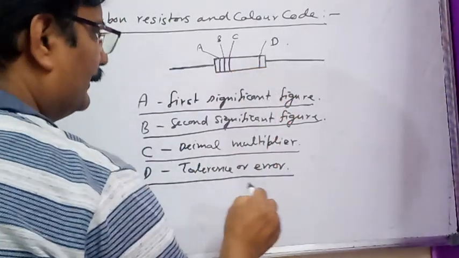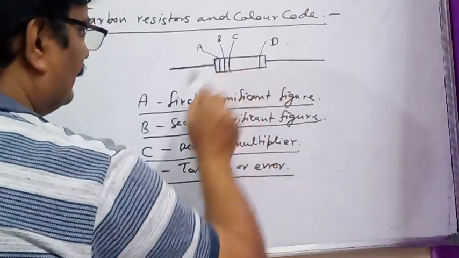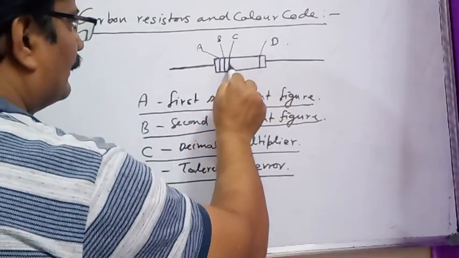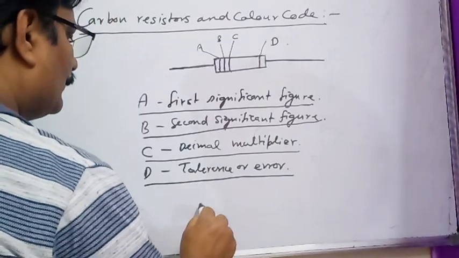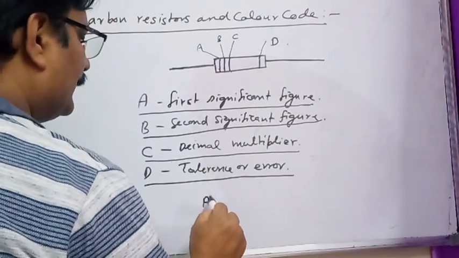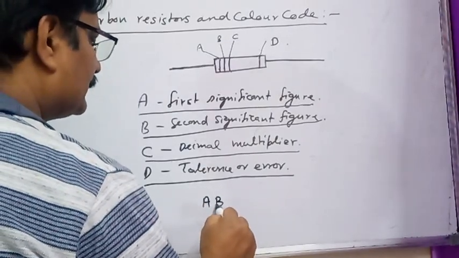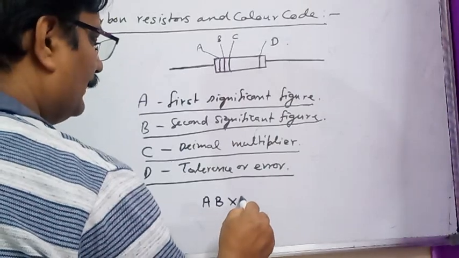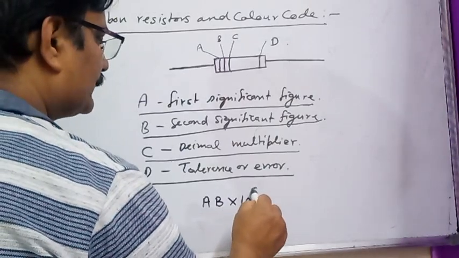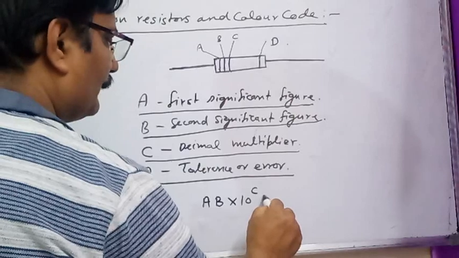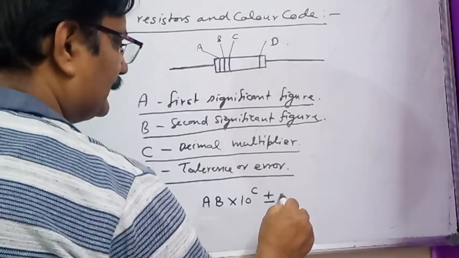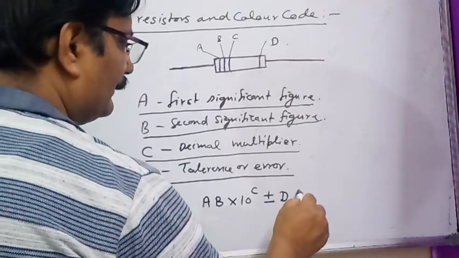So how can we read the value of a carbon resistor? By these color codes. The formula to read the value of a carbon resistor is AB into 10 to power C plus or minus D%.